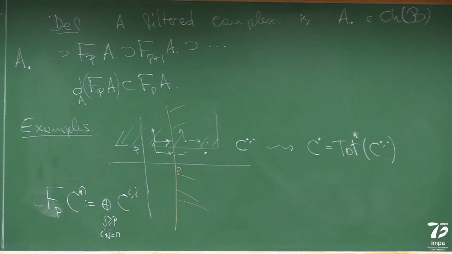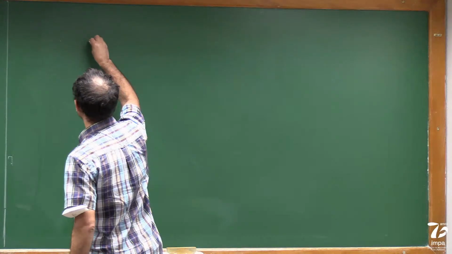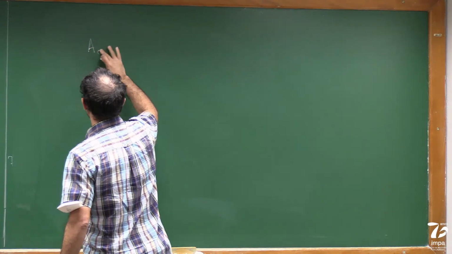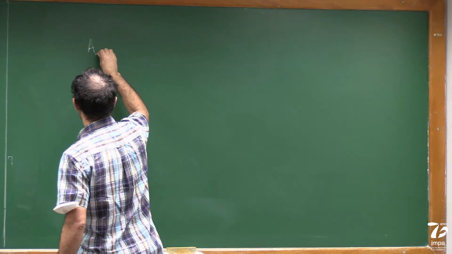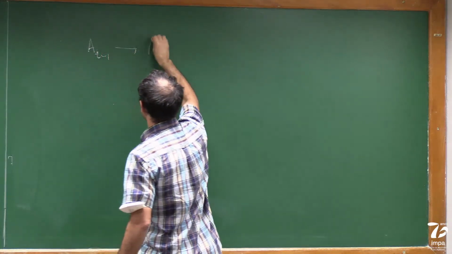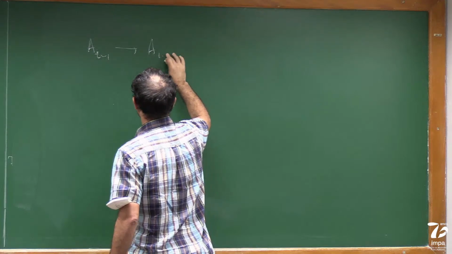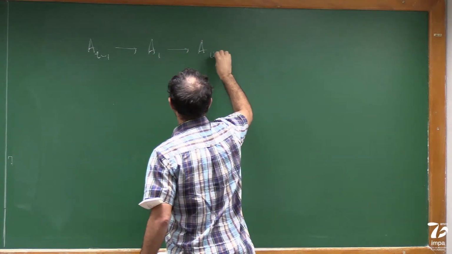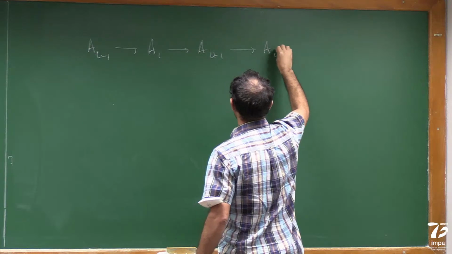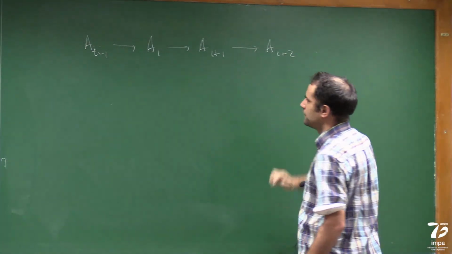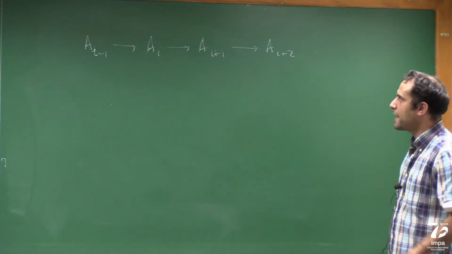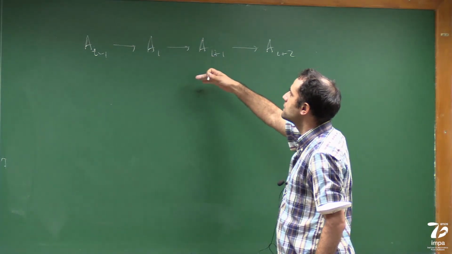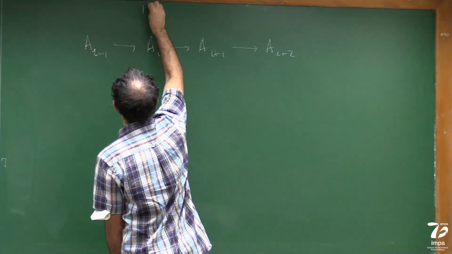Another silly one is given by inclusions. If you have a complex, I think we've seen this already, A^(i-1) to A^i to A^(i+1), plus 2, and so forth. Then I can write an injection from a different complex into this, by looking at the kernel.